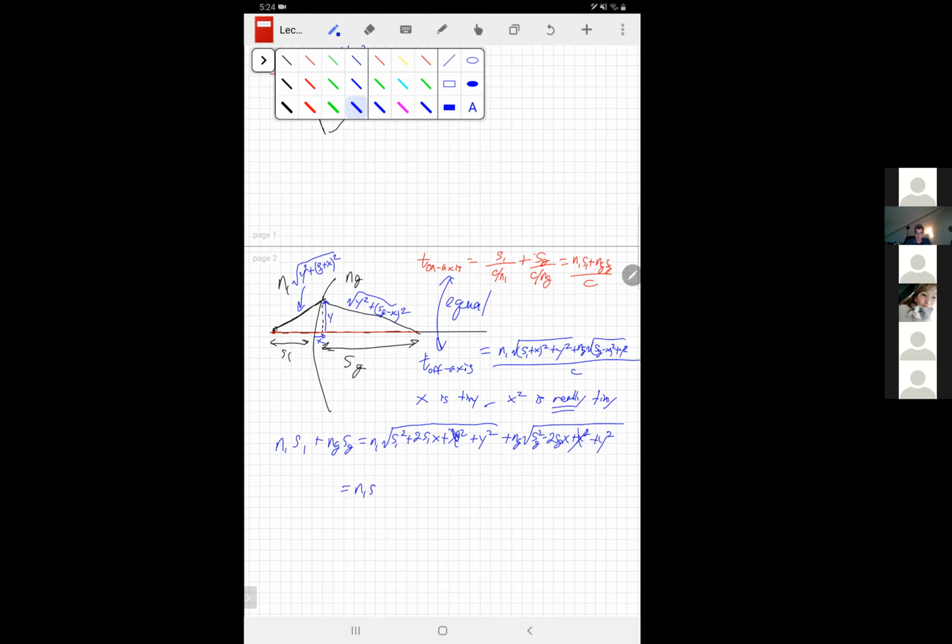It's going to be N1 S1 square root of 1 plus 2S1 x plus y squared over S1 squared, plus NG SG square root of 1 plus negative 2SGx plus y squared over SG squared. Any questions on that?